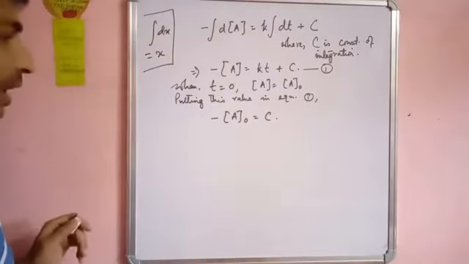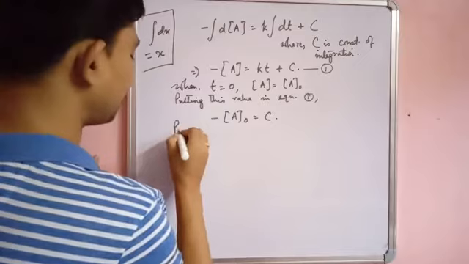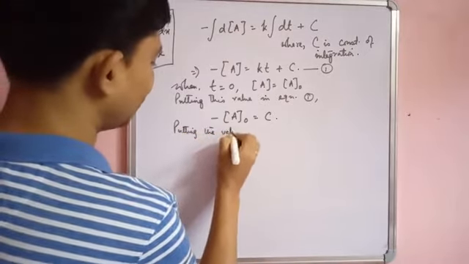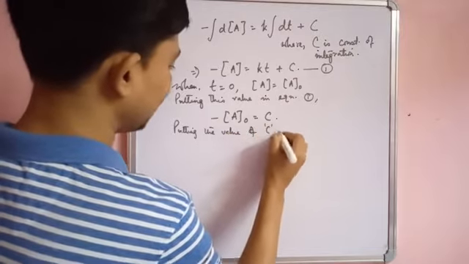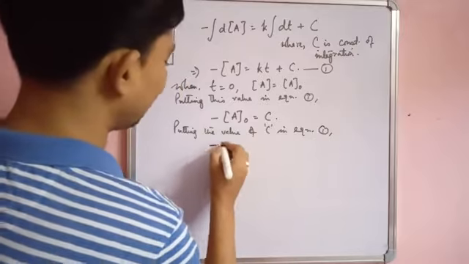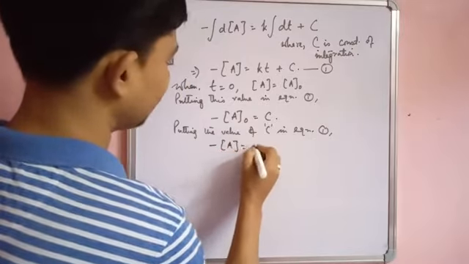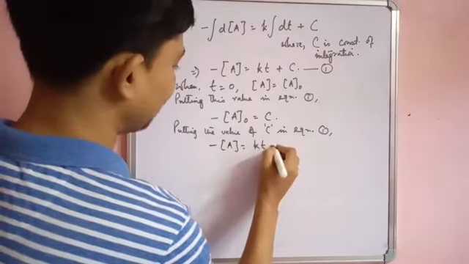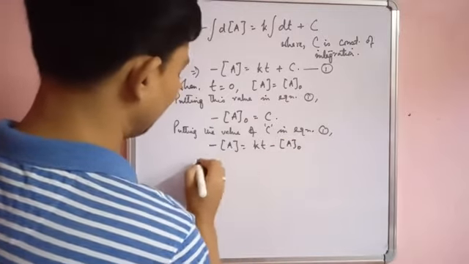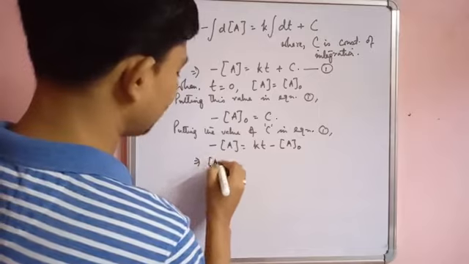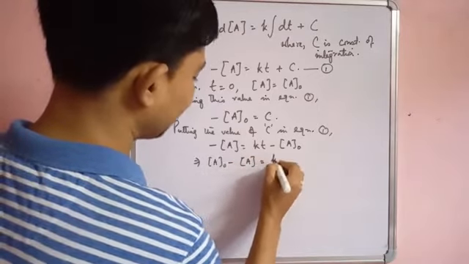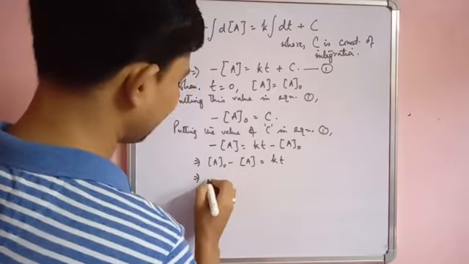Now putting the value of c in equation 1, we get minus [A] is equal to kt minus [A]0, which implies we can write [A]0 minus [A] is equal to kt.